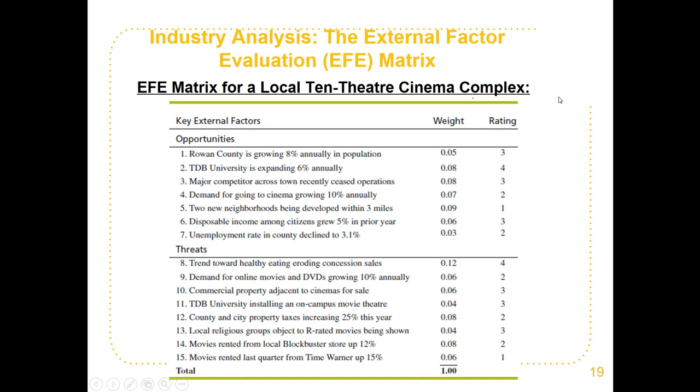Again, 1 is poor response. You are basing it on the response of the firm, how effective the firm's current strategies respond to the factors.